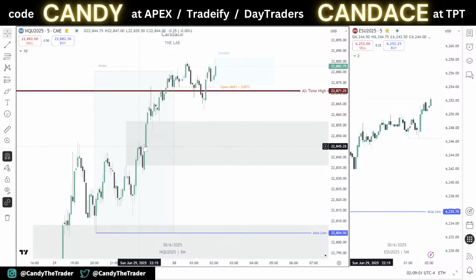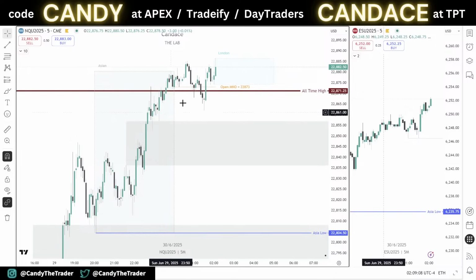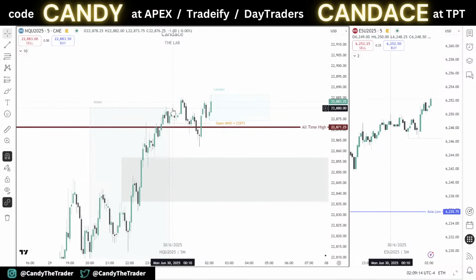And also this one, because we got a 1 hour BC here, so I assume that even if price retraces, it probably won't pass through the whole 1 hour BC. But right now, for an all-time high market condition, I'm not looking for any short position.